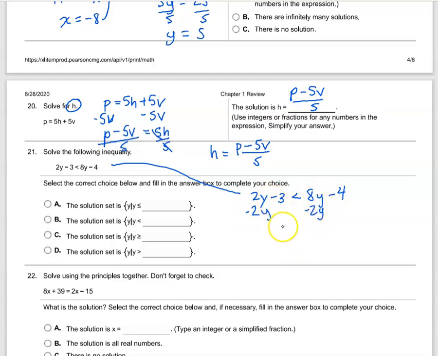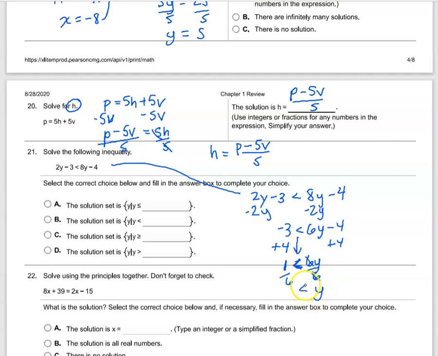You could have subtracted 8y, that would have been fine. 8y take away 2y is 6y minus 4. Add 4 to both sides, so 1 is equal to 6y. Divide by 6. And I should have let this be an inequality. I'm dividing by a positive 6, so I don't have to switch my sign.